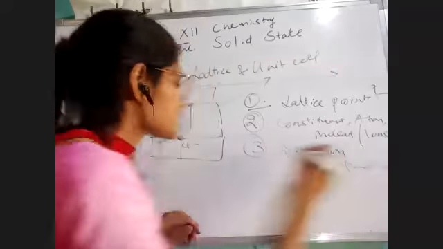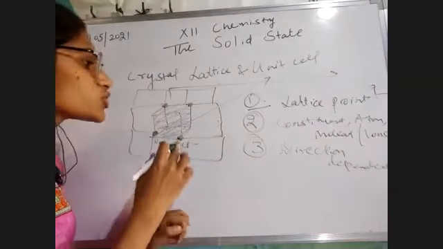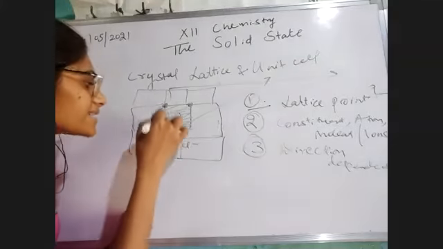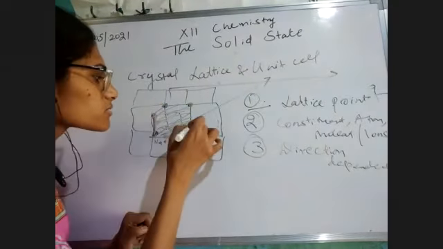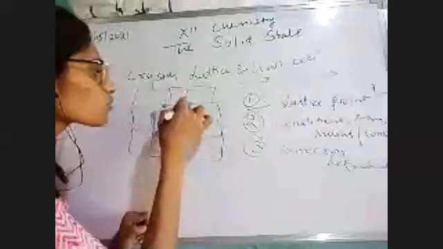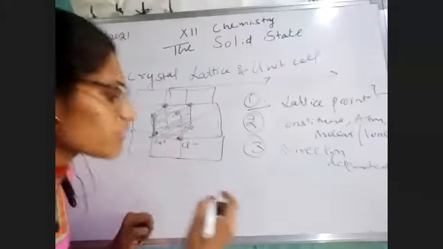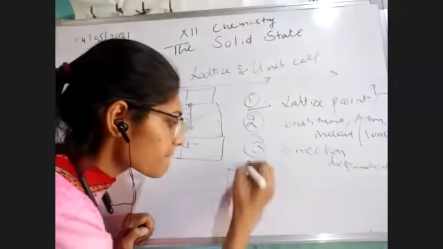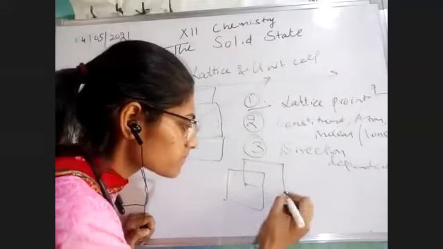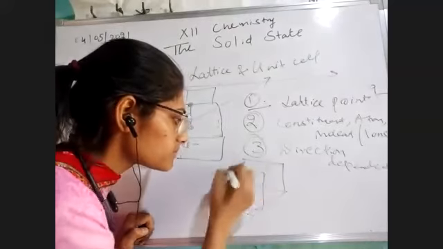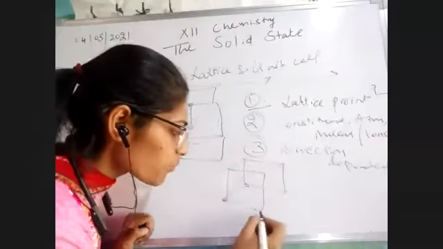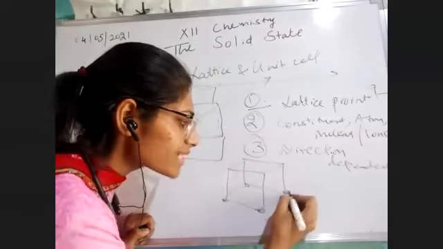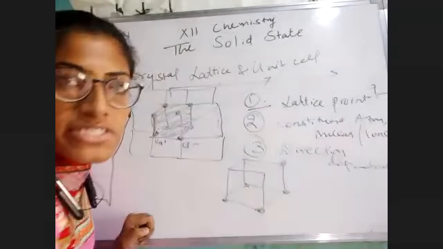And the third point, he says that the crystal lattice is purely direction dependent. That means in the whole three dimensions, these are also points. Let me show you. Suppose this is a unit cell. These are the points, and these points are actually the constituent atoms.